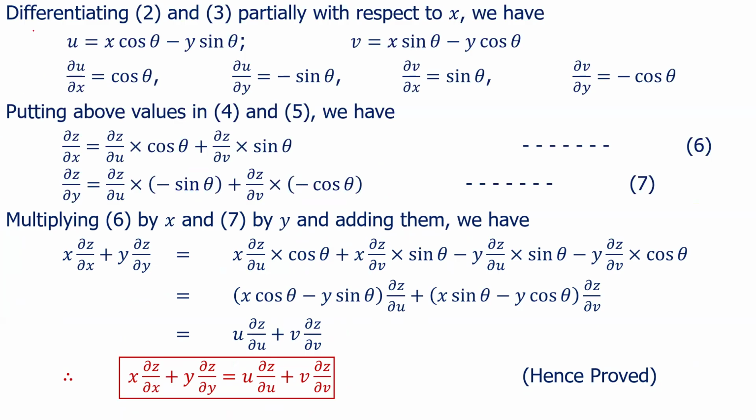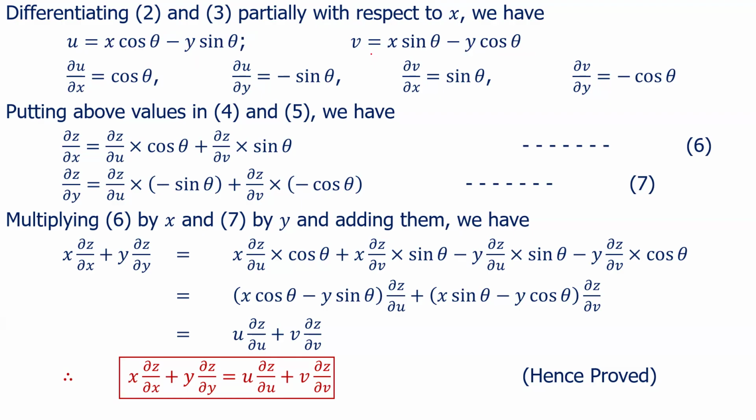So now, differentiating 2 and 3 partially with respect to x: u is equal to x cos theta minus y sin theta, v is equal to x sin theta minus y cos theta. Differentiating u with respect to x, cos theta is constant and the derivative of x is 1, so we have only cos theta. For ∂u/∂y, the first term is constant and sin theta is constant, so minus sin theta.